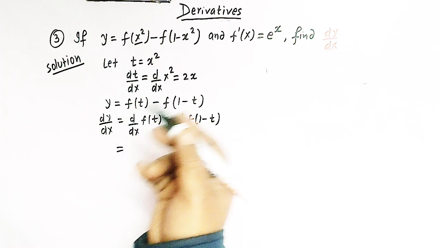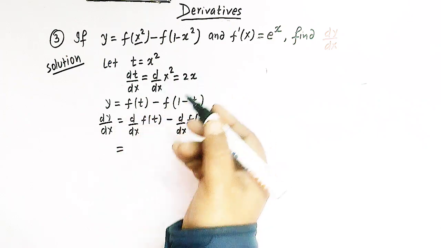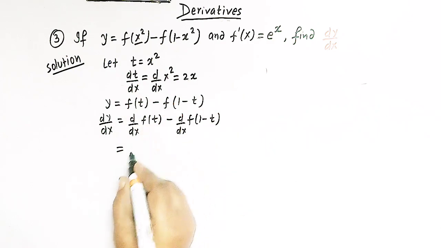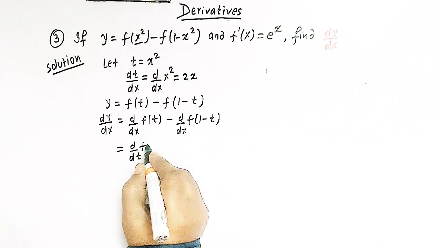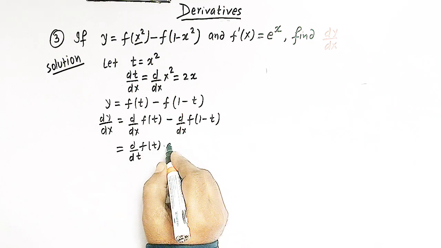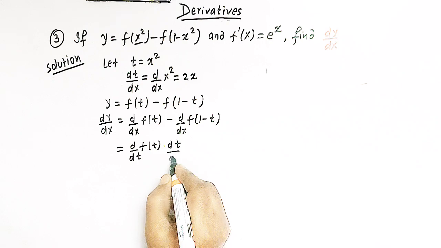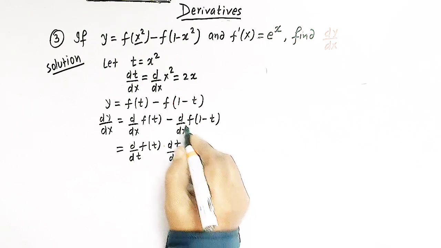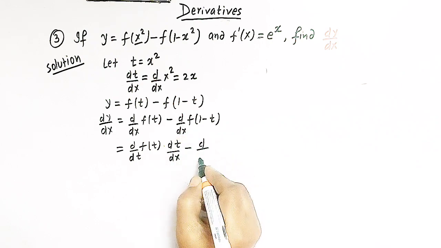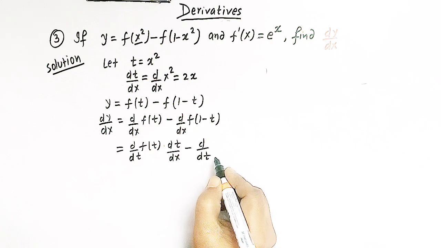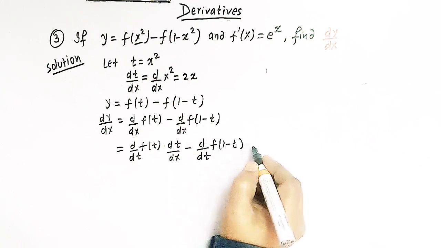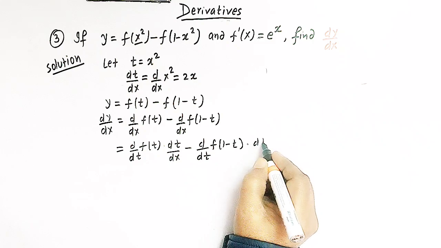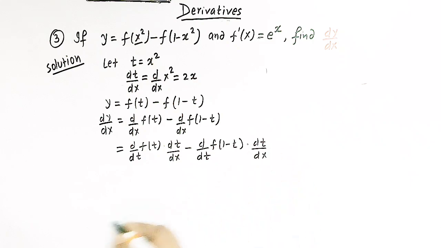Now again, as we have done in the previous example, we can write d by dt of f of t, and then by chain rule we have dt over dx, and here we can write d by dt of f of 1 minus t, and then dt over dx.